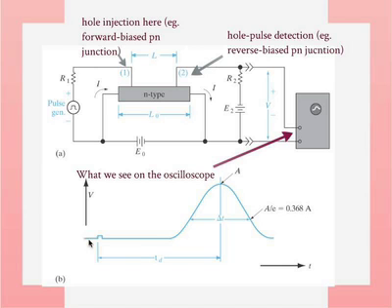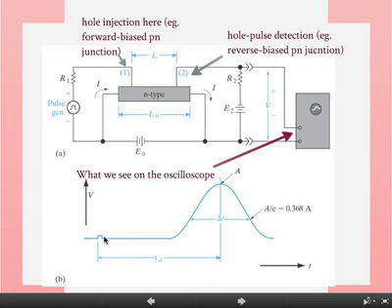So you have a starting point when you have a little pulse. That's when you generated the pulse, that's t equals 0. Then after a certain time td, the actual pulse arrives. This is the pulse of holes that have arrived at this location, and of course it's spread out.